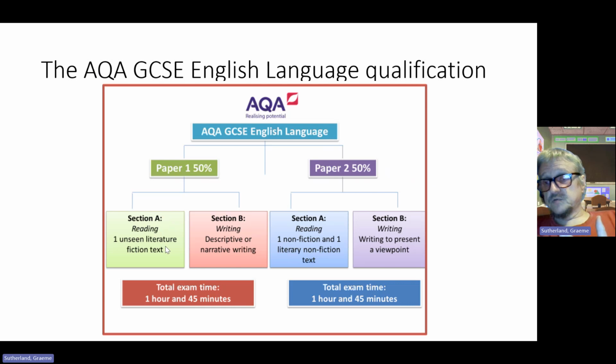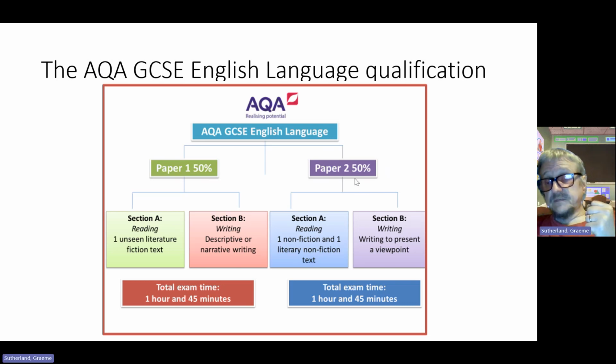It'll be from a short story or from a novel. Probably about a page and a half. It's not a long piece of writing. You will read and then answer questions on that. And then your section B, also worth 50% of the paper, is your own writing. And in this case, it's descriptive writing, story writing. It's writing to entertain a reader, to engage a reader.